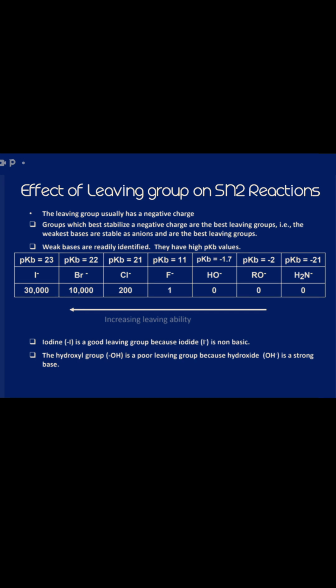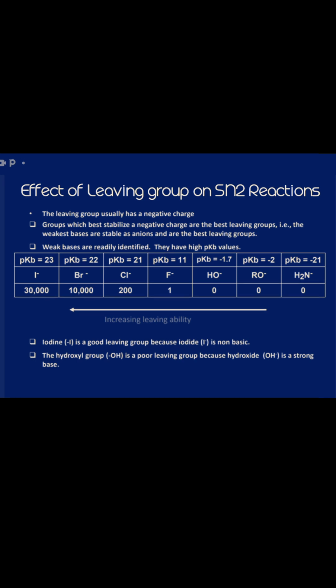Suppose that here we have I minus, Br minus, Cl minus, and F minus, and any substance that has a stable negative charge can be a best leaving group. That is the second point. And the third point is that weak bases are readily displaced.